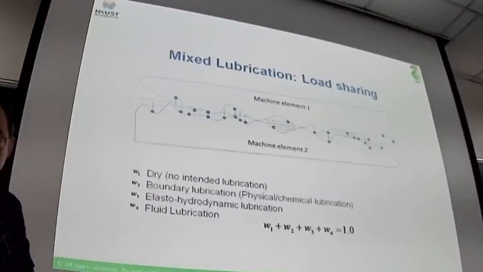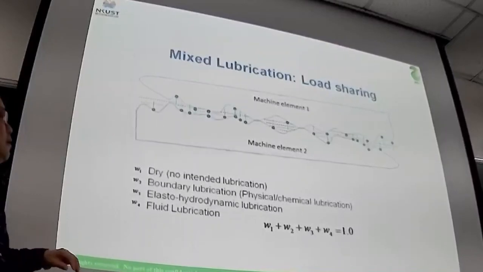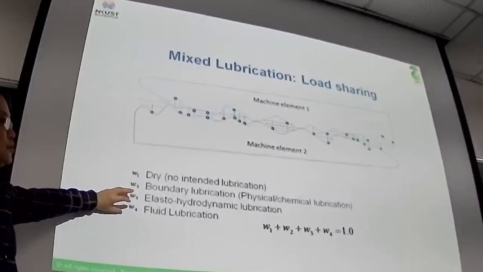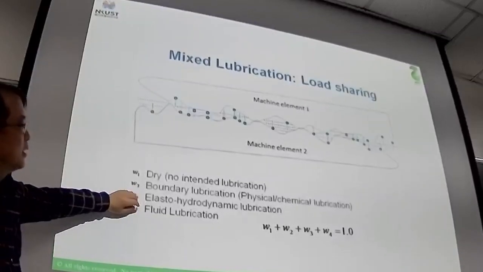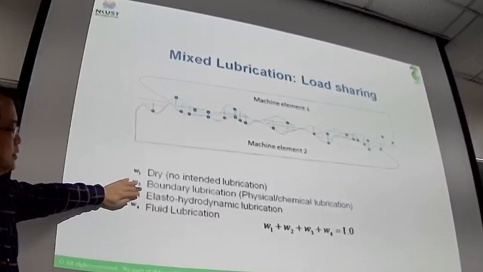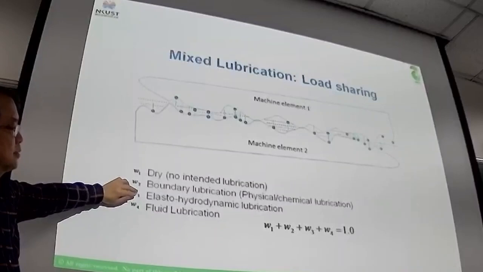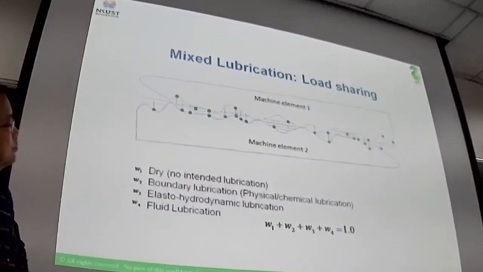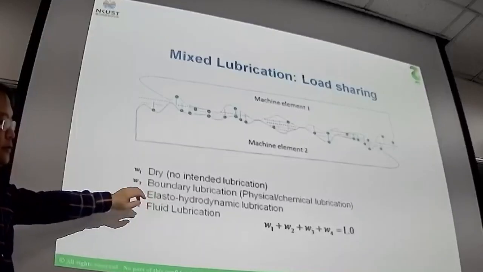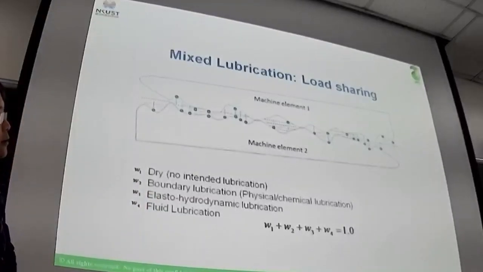For the elastohydrodynamic or fluid film lubrication, usually we mix them together. Elastohydrodynamic lubrication is quite similar to the mixed lubrication. The difference is only the percentage of contacting area.